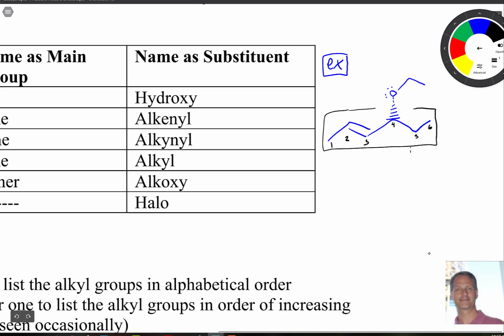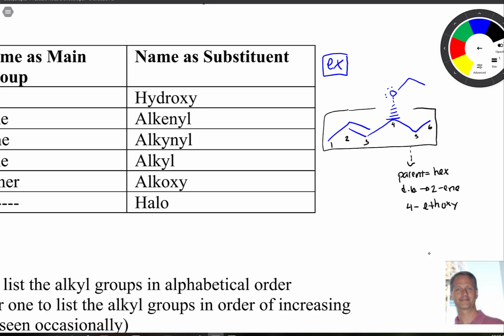So parent here is hex, right? It's not a hexane because at number 2, you have an ene. So you have to take care of that double bond there. Okay, and then at number 4, you have an ethoxy.